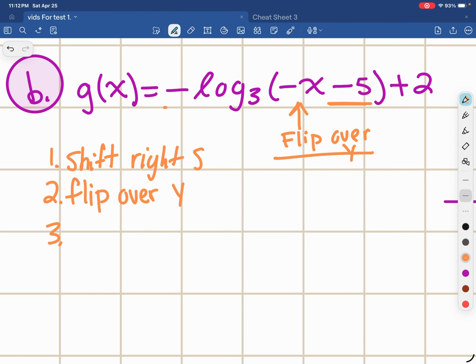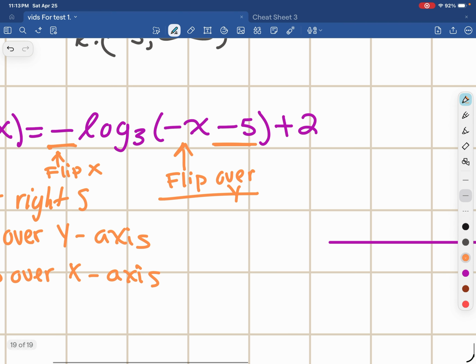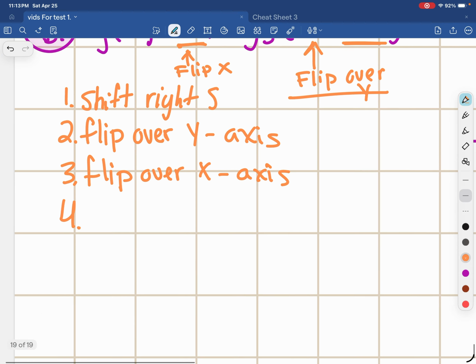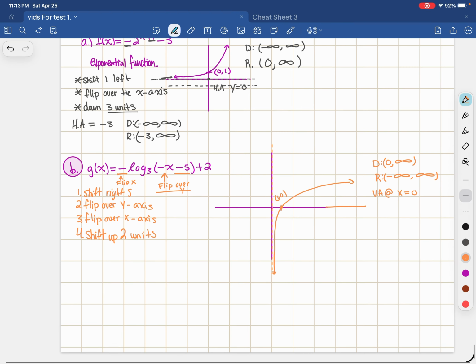Then, like we've seen before, flip over x. Then our final transformation should be a vertical shift of some sort, and this will stay true. So we're going to shift up 2 units. Simple enough, right?